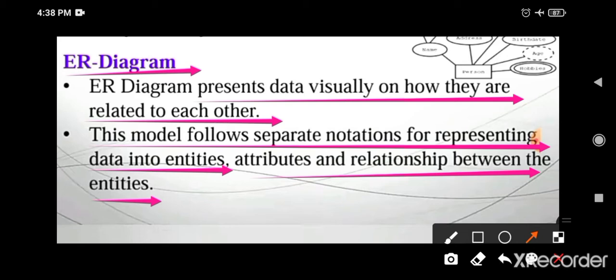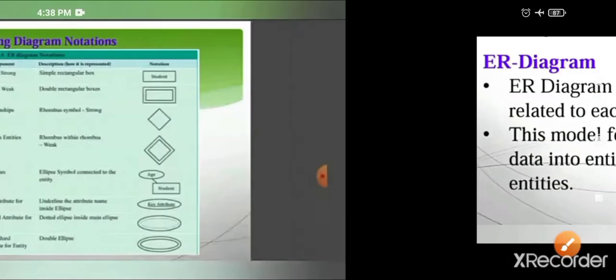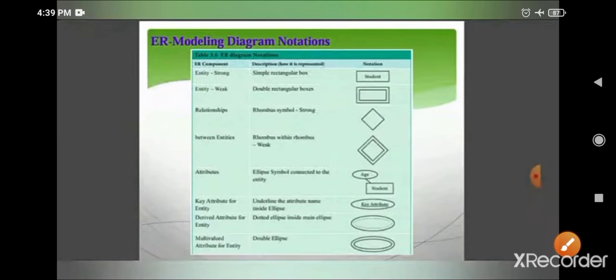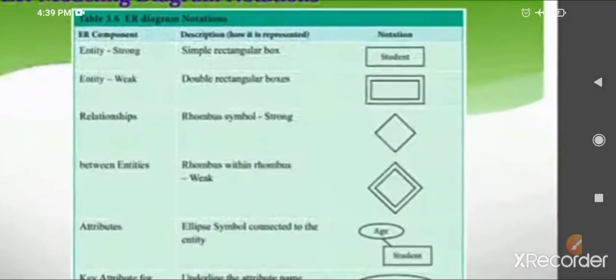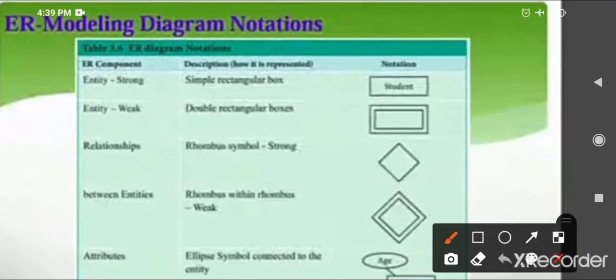So this is the ER modeling diagram notations. The first one is the strong entity.